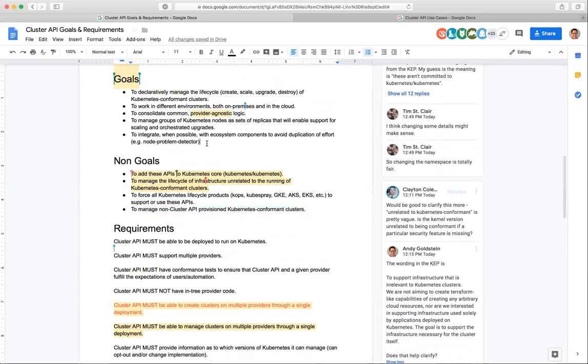I think that's fair. I'm trying to figure out what would be some action items, whether they're requirements or use cases that would stem from such a goal.